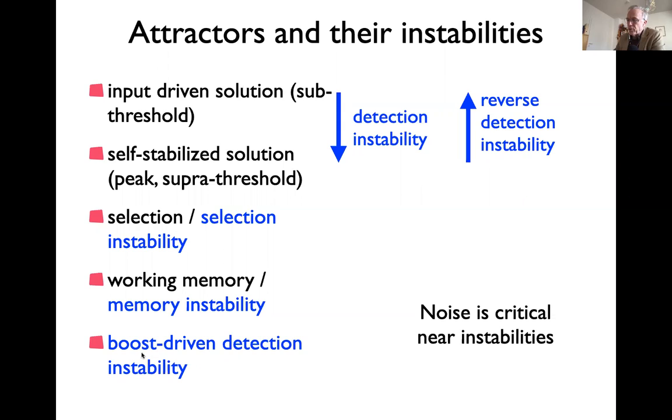And the last thing I showed you is that the detection instability even responds to non-localized input, to just homogeneous or boost input. Nothing different mathematically about it. And that leads to this categorical behavior and a form of amplification of small inputs.